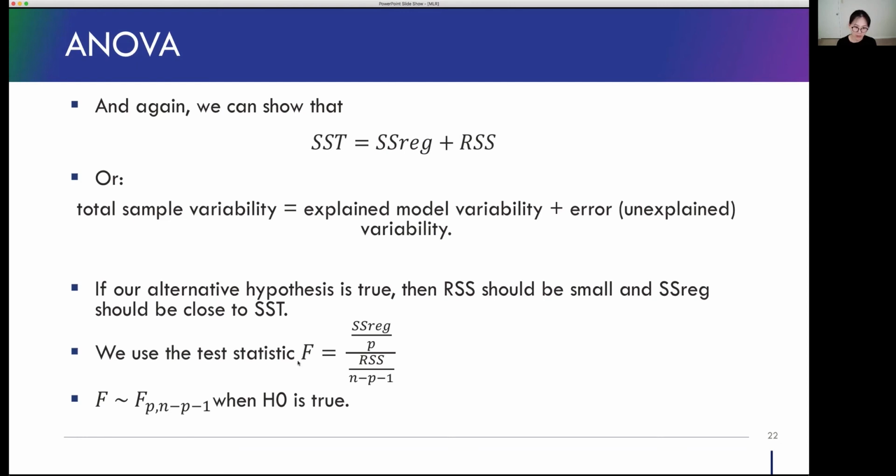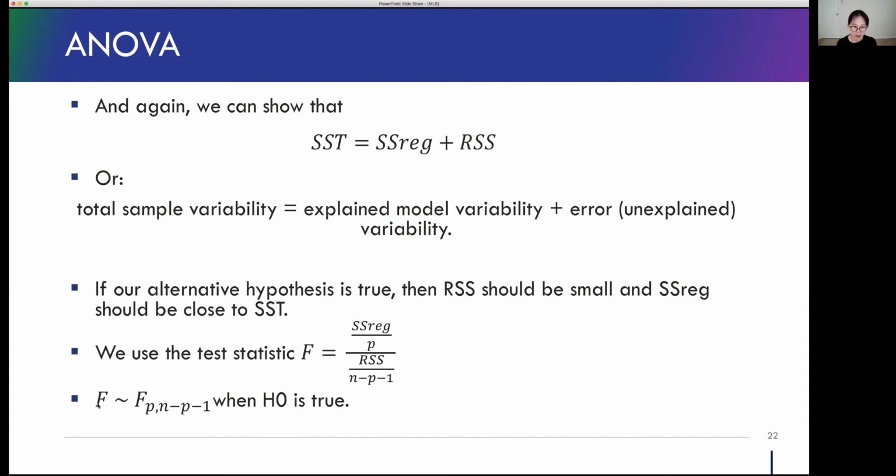So this F statistic is SS reg divided by P, and this whole thing divided by the RSS divided by n minus P minus 1.